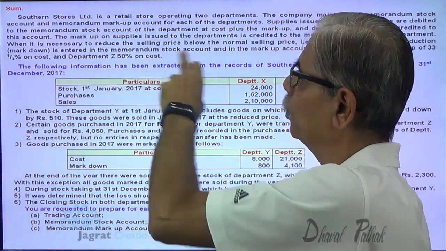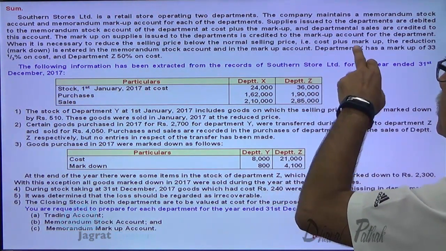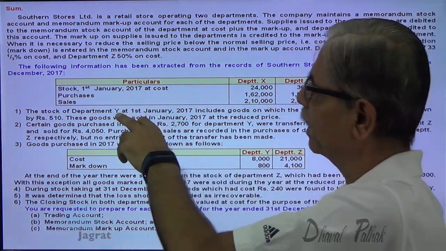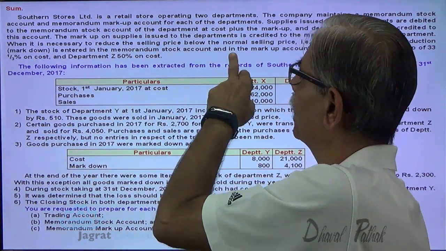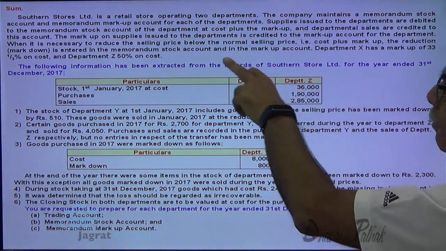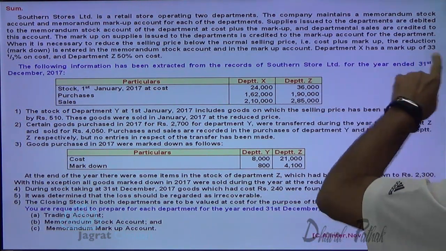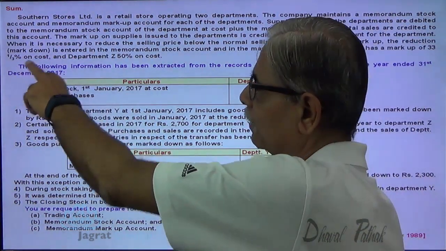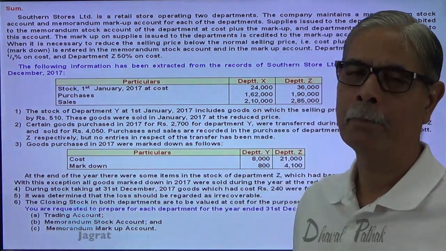When it is necessary to reduce the sales price below the normal selling price, that is cost plus markup, the reduction is known as markdown, and is entered in the Memorandum Stock Account and in the markup account. Department X has a markup of 33 and 1/3% on cost, and Department Z has 50% markup on cost.